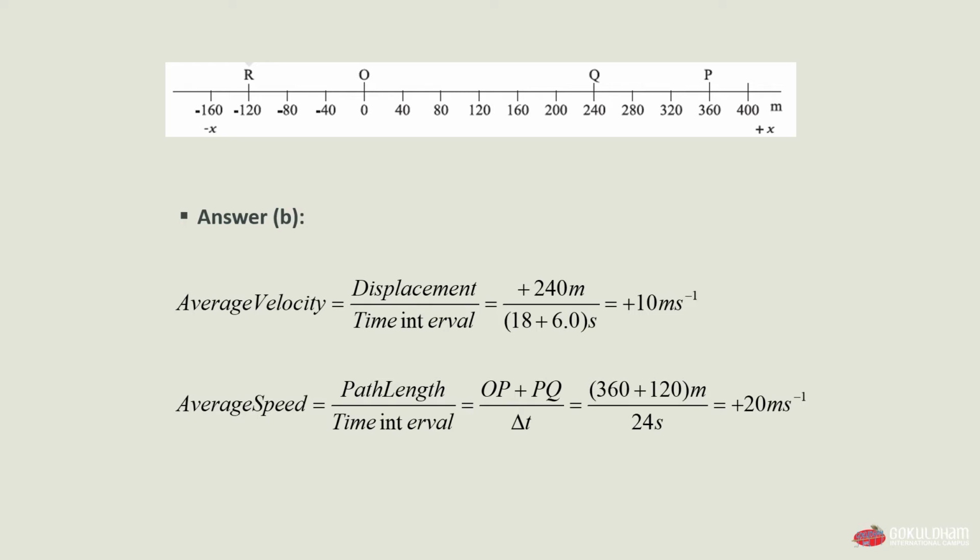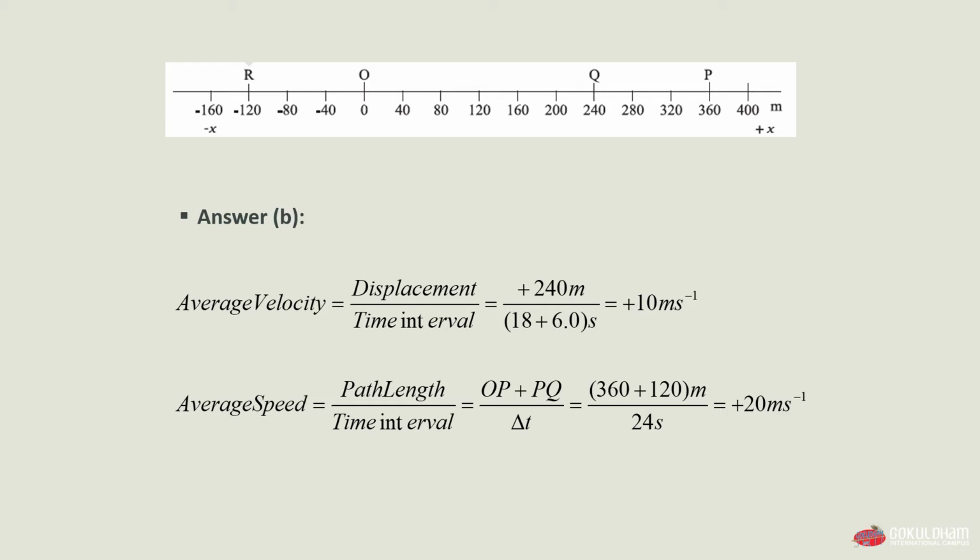So the ending point minus initial point will be 240 minus 0, which gives us 240 as our displacement. But the time interval will be different. Here the time interval from O to P is 18 seconds and from P to Q it is another 6 seconds. So 18 plus 6 will be 24 seconds, and by calculating this we get the value of average velocity equal to 10 meter per second.